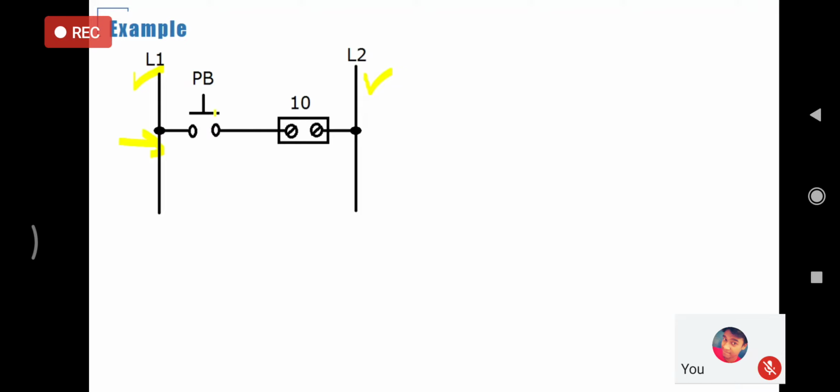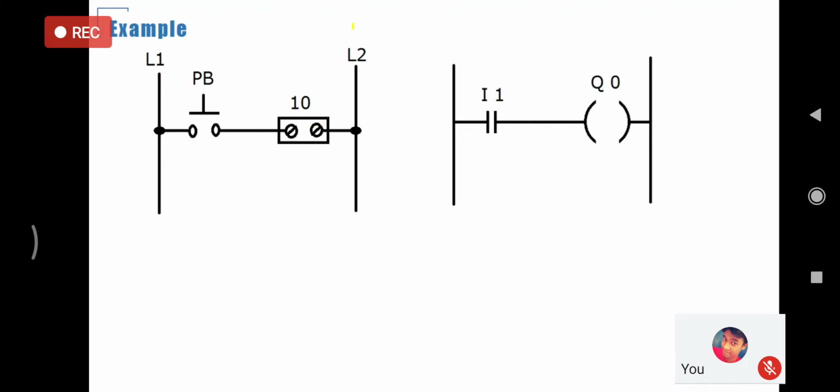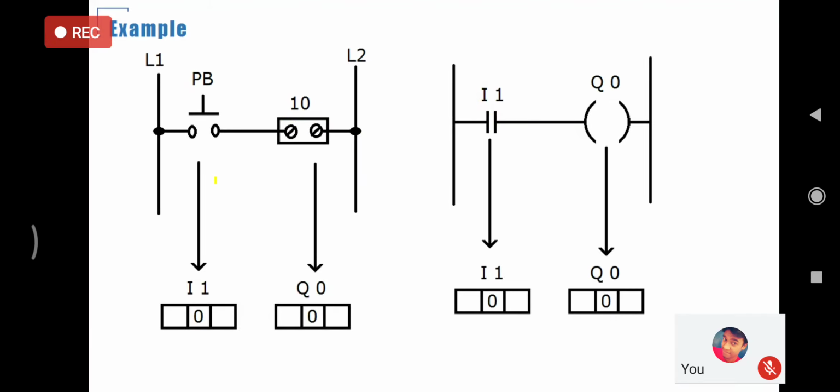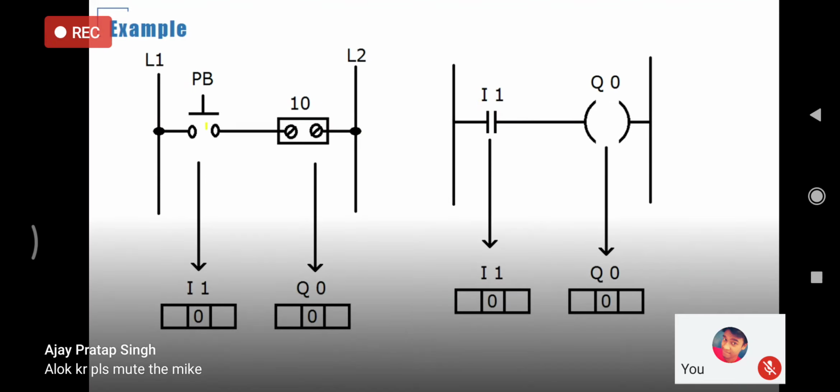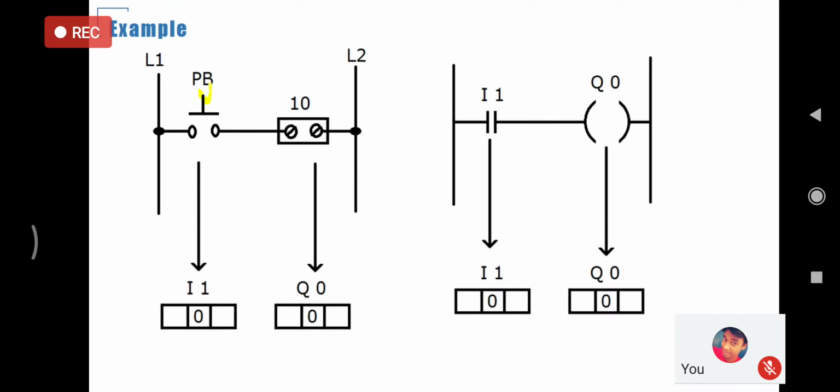If a push button is connected to the input module and the address of the connection is 10, and we program to examine on the push button, the processor will read the status of the field device as 0, as if there is no connection between the push button and the terminals, since we have not pushed the push button.